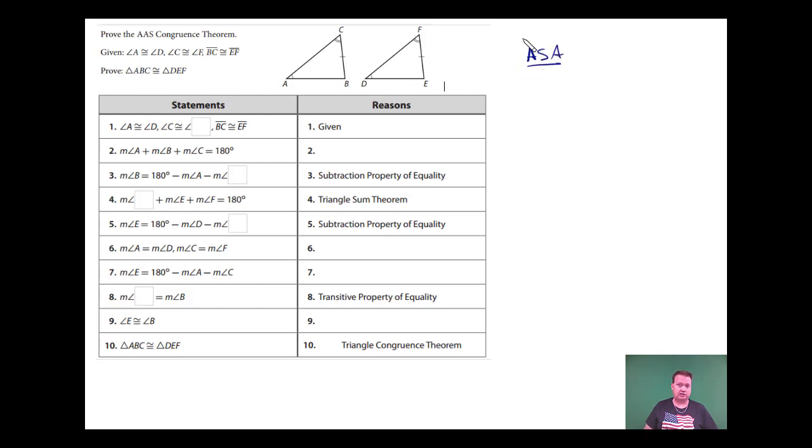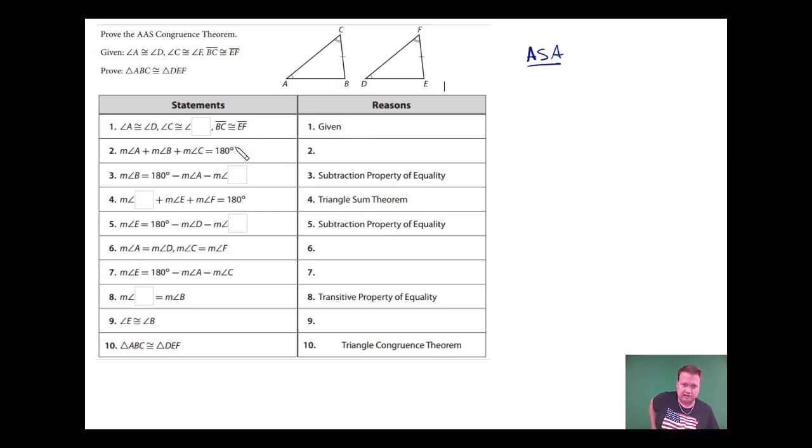Angle, angle, side is just a variation of angle, side, angle. And we already have the idea that if I know these 2 angles and I know these 2 angles and they're congruent, there's only 180 degrees in a triangle, then by default, angle B is going to have to be congruent to angle E. And that's what we're going to show.